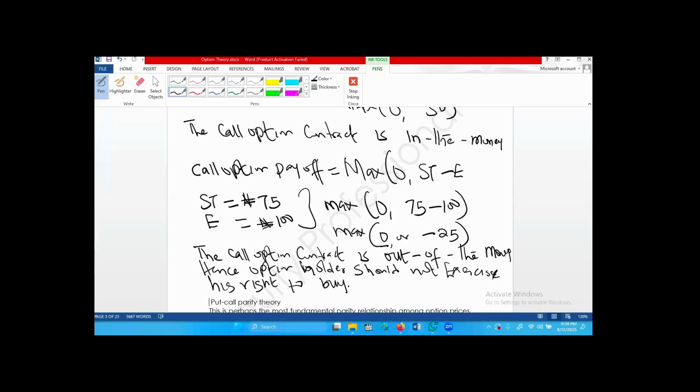Okay. Illustration we give: you obtain a right to buy First Bank shares at 100 naira today. You want to buy First Bank shares in 3 months' time. You now obtain a right to buy at 100 naira today. On getting to 3 months, the examiner says First Bank shares are trading for 75 naira.